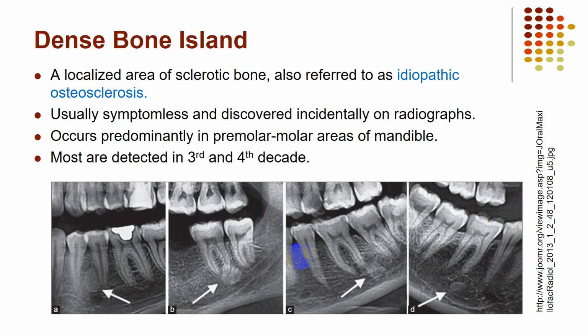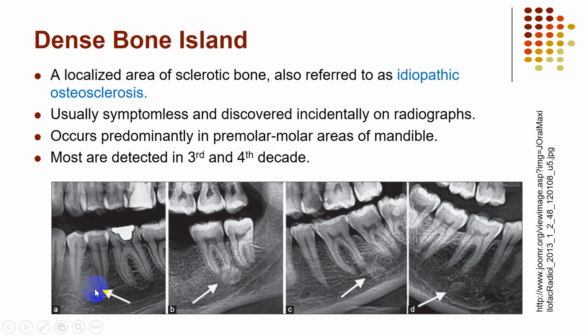And the last point is about dense bone island. It is also called bone scar. Why do we occasionally have a dense bone island like this, a sclerotic island within the bone, within the mandible, discovered incidentally on radiographs? It is symptomless, occurring in the premolar and molar region, and they don't have any significance.